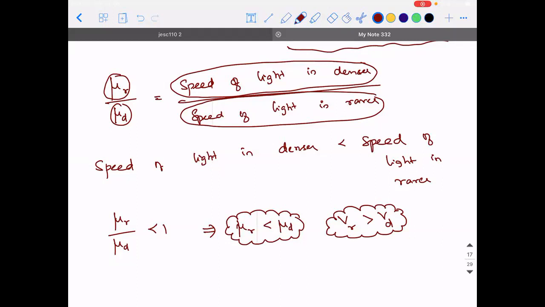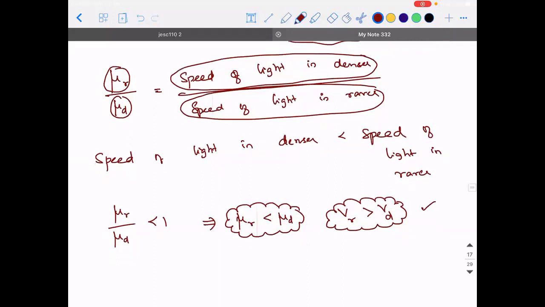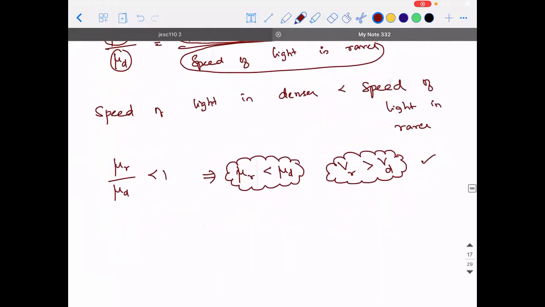Okay, clear, guys? Now, suppose you have a question where they say the refractive index of a particular medium is 2/3 and refractive index of another medium is 3/4. Now, which one will you call it as rarer and which one will you call it as denser?